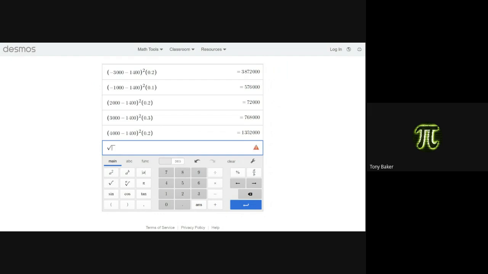I'm just going to do this all at once so I don't have to actually do the square root separately. You just do the square root over all of them. And that standard deviation's 2,577.